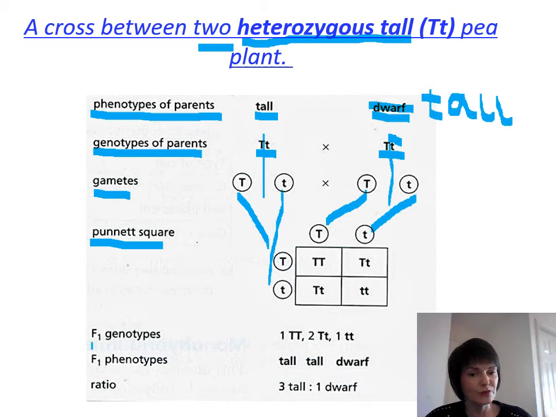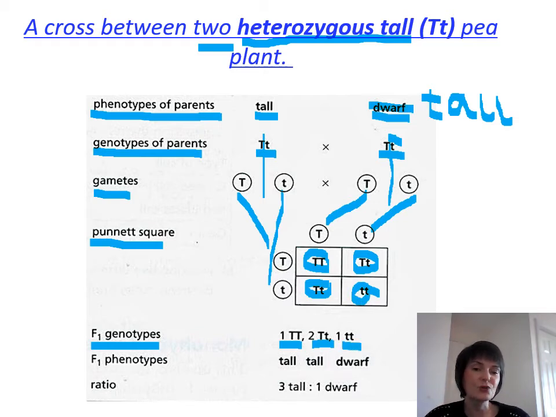Okay, so for the F1 genotypes, we have got one, which is big T, which is there. So that's that one. And we have got two that are heterozygous dominant, so that's there. And we have got one which is a dwarf.